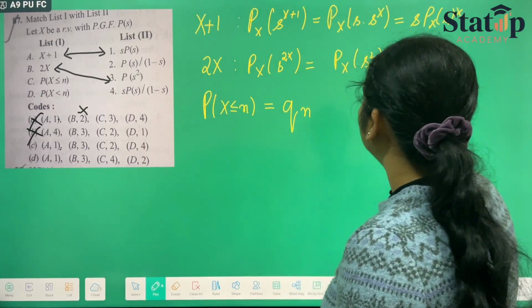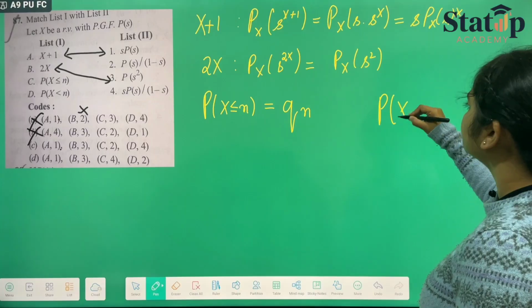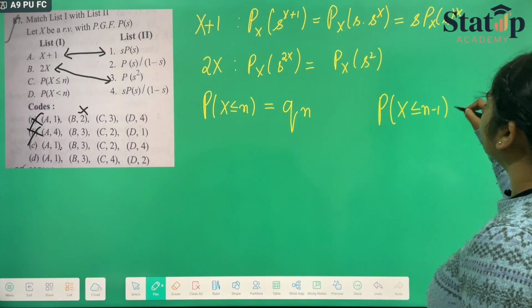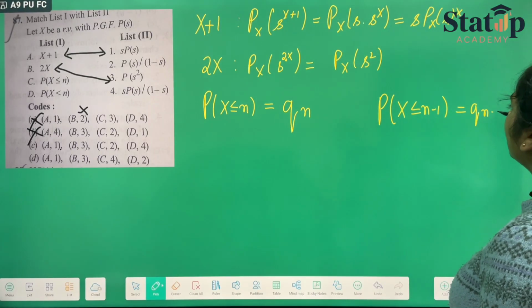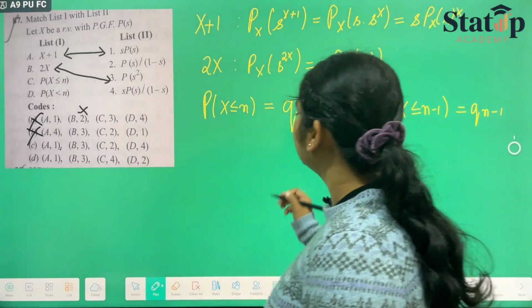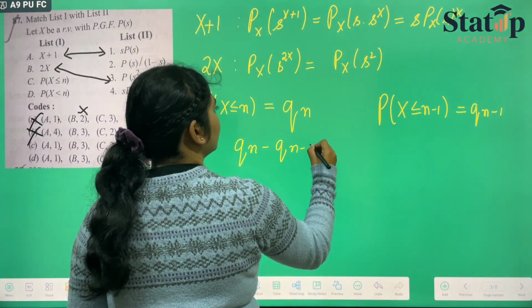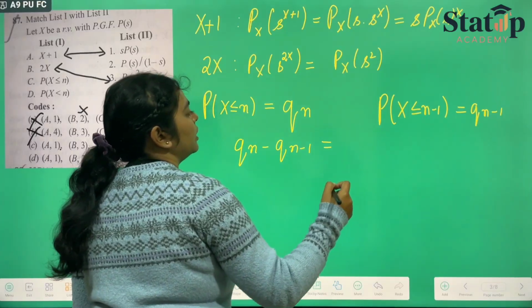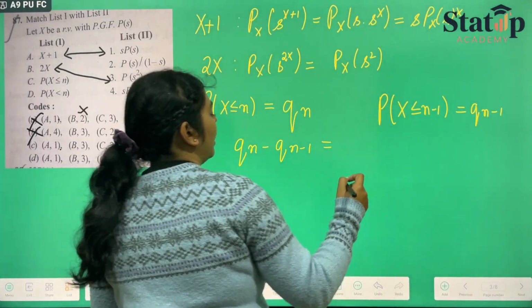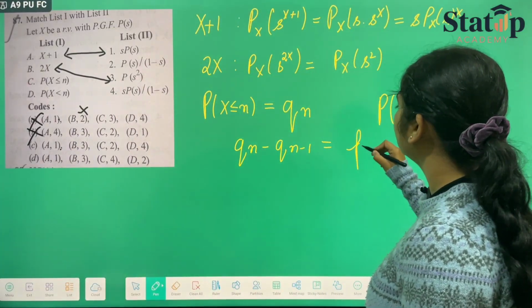And if we say probability X is less than or equal to n minus 1, then we can take it as Q_n minus 1. Then if we subtract Q_n minus 1, this will be equal to P_n.